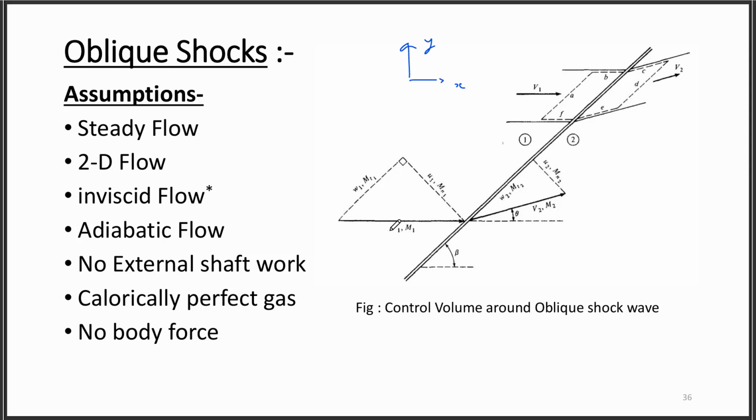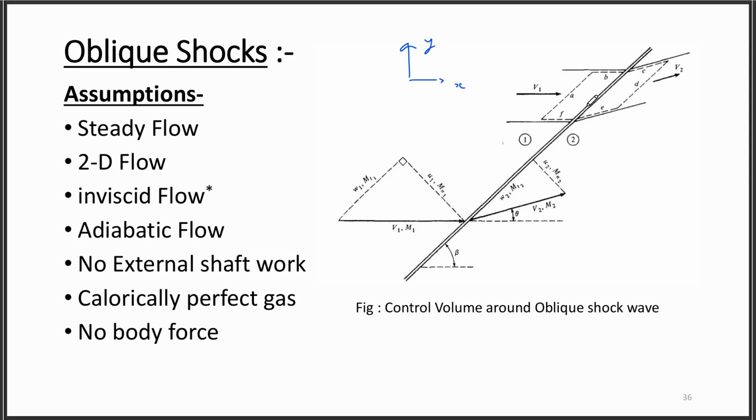So if the velocity was v1 and M1 before, and later v2 and M2, we can resolve the velocity along the shock wave and perpendicular to the shock wave. Perpendicular to the shock wave it is u1 and u2, along it is given by w1, w2.